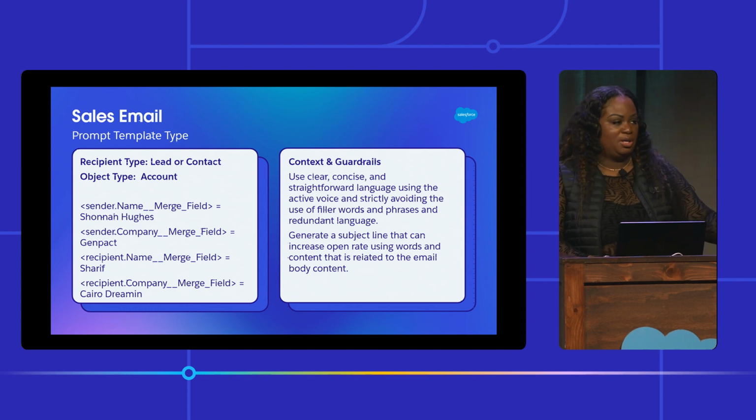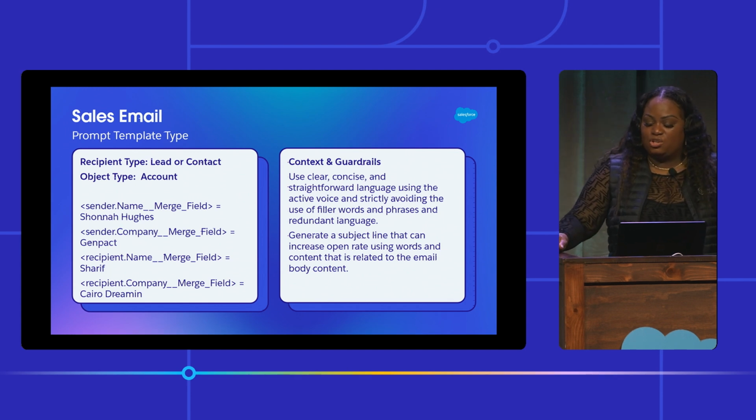Specifically, when you're building the prompt template, this one would be a contact that you would be using. You want to make sure you pull in the name, you pull in the email, the company information, etc. And then you would tell it exactly what you want it to do with that information, okay?